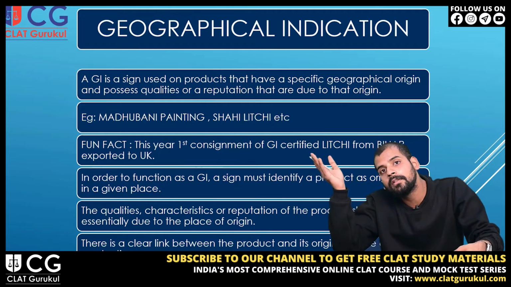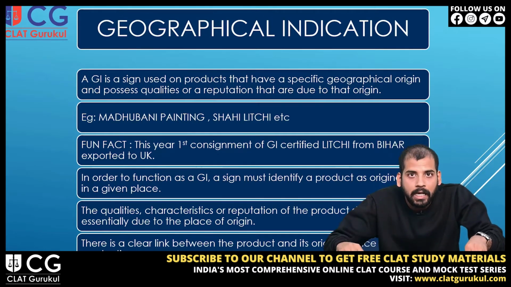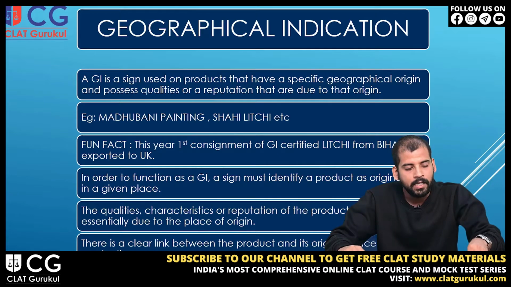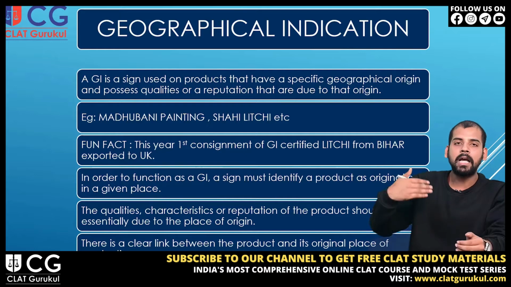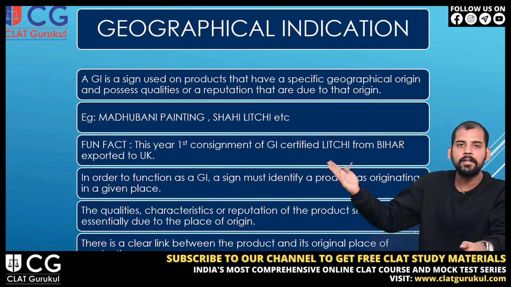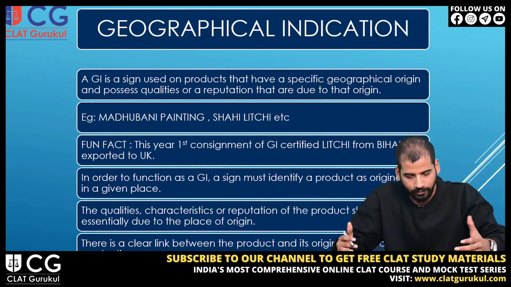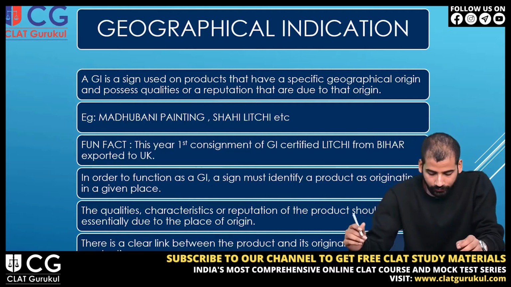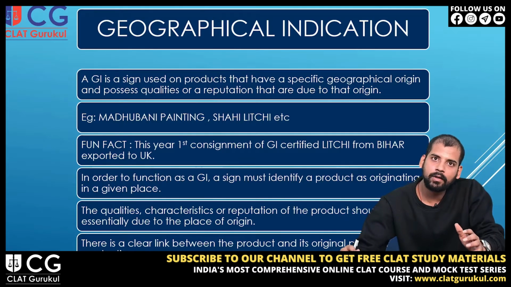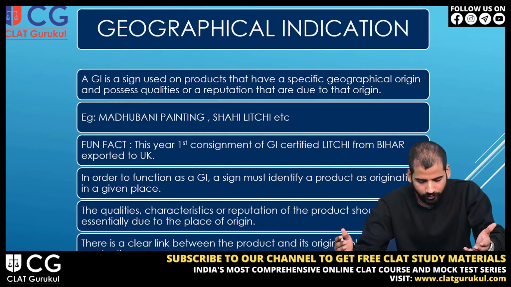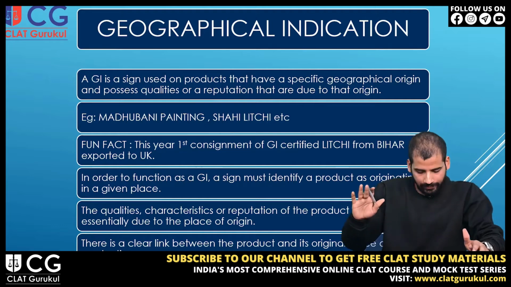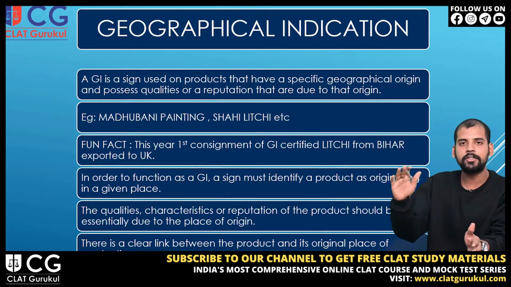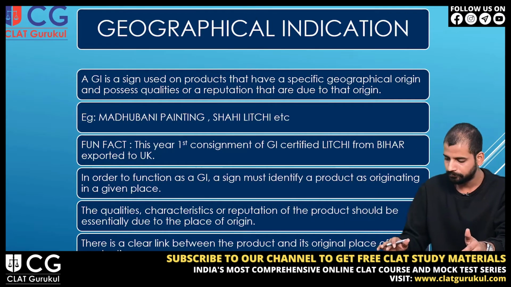Now UK knows this product is from Bihar, it is from India, so the country itself, like India, is exporting this product to some other country and earning income through that thing, right? So next, the qualities, characteristics or reputation of the product should be essentially due to the place of origin, and like I said, there's a clear link between the product and its original place of production.